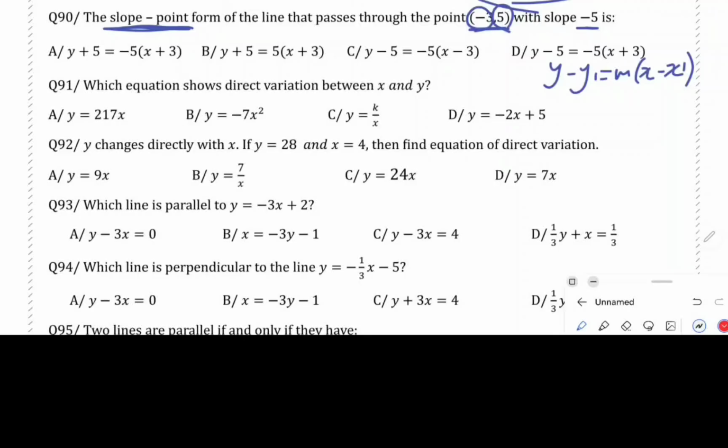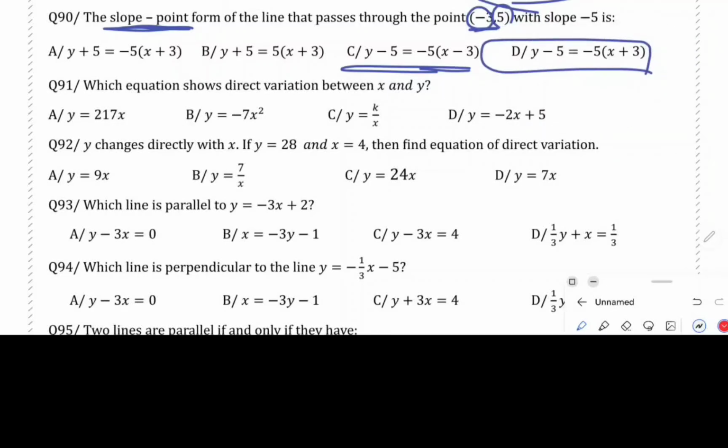In which one 3 was positive, 5 was negative. Can I choose C? No, because 3 is negative, 5 is also negative. And this one, 5 is negative, 3 was positive. So D is the correct answer. Please pay attention to these questions.